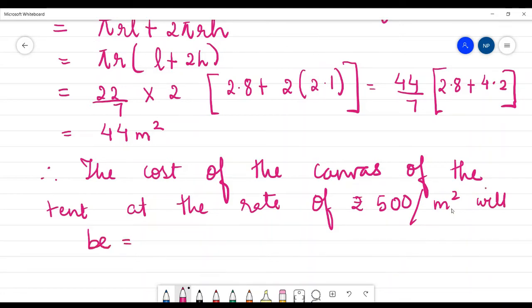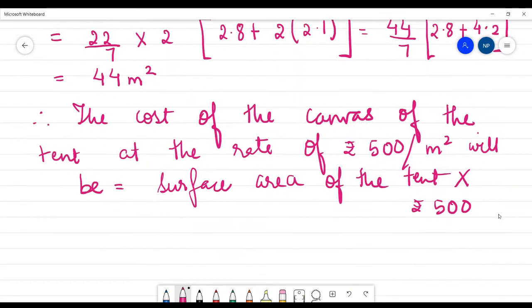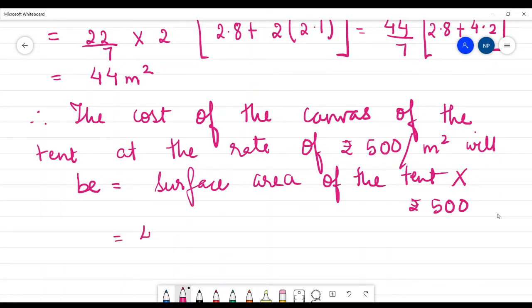The total surface area that we took out, multiplied by rupees 500. So surface area of the tent multiplied by rupees 500. Here you will get the answer as 44 into 500. The final amount will be rupees 22,000. So the total cost of the canvas will be how much, children? It will be rupees 22,000.